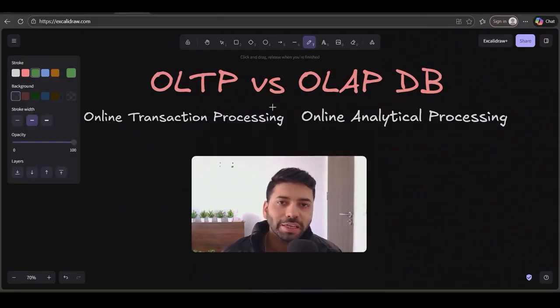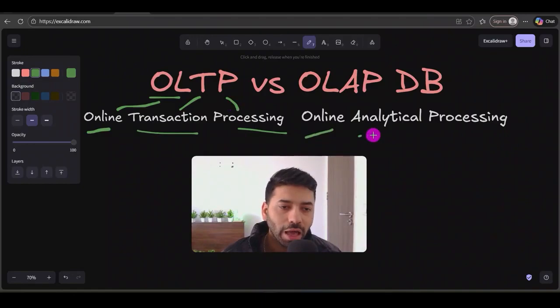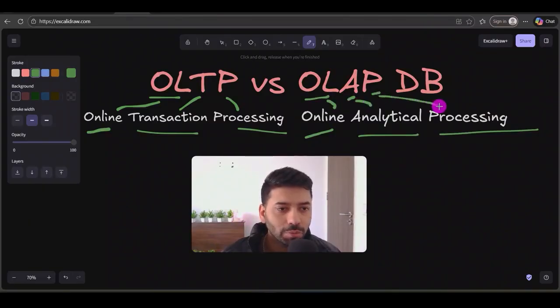First let's see the full forms of both of these. OLTP stands for online transaction processing. So OL means online, T stands for transaction, and P stands for processing. Whereas when we talk about OLAP, the full form is online analytical processing. So OL stands again for online, A stands for analytical, and P again stands for processing.